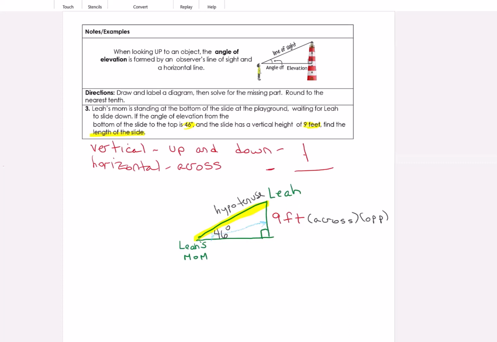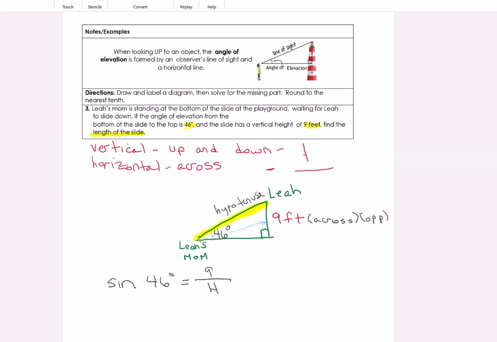If I have opposite and hypotenuse, that's sine. So, SOH, opposite over hypotenuse. The sine of 46 degrees is equal to the opposite, 9, divided by the hypotenuse, which I don't know. Let's call it h. Again, first thing, I'm going to get rid of my fraction.